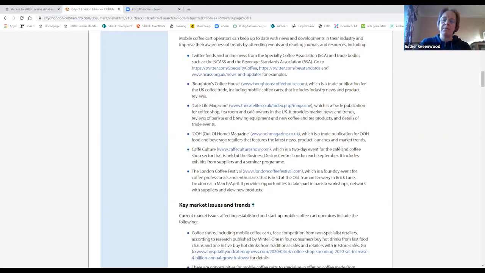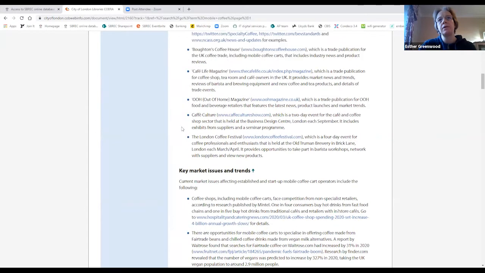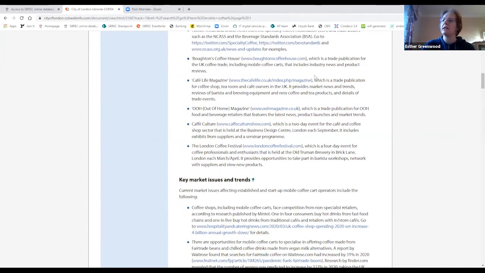They're often a very good source of keeping yourself up to date with some of the changing regulations in a particular industry. So I would highly recommend looking at different websites, some of which are listed here, in order to keep yourself up to date with what the changes are in your particular business.